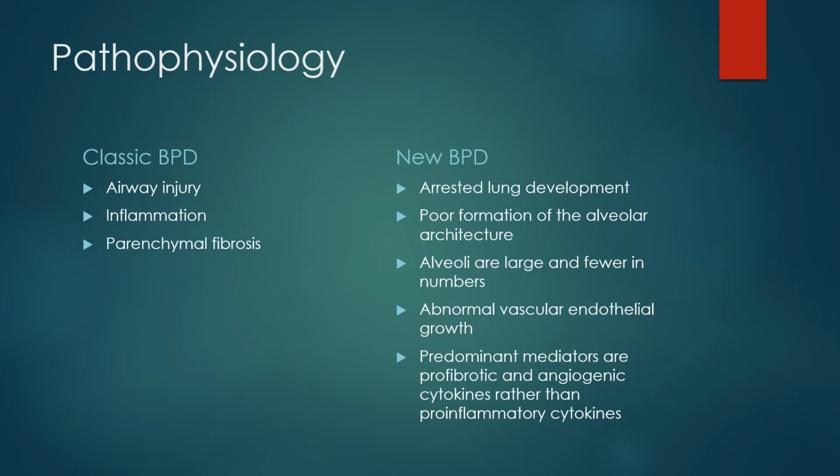Alveoli are large and fewer in number, thereby presenting decreased surface area for gas exchange. Mild pulmonary fibrosis, accompanied by persistent inflammation, contributes to the perfusion mismatch and pulmonary hypertension.